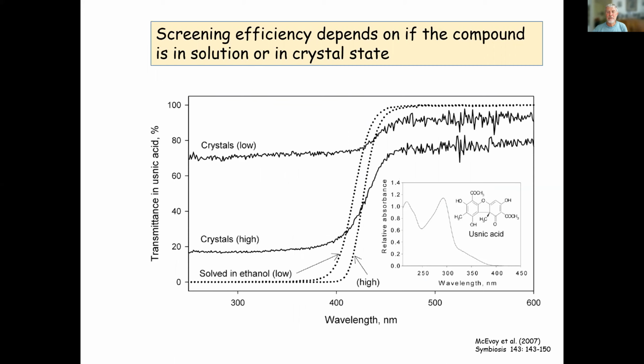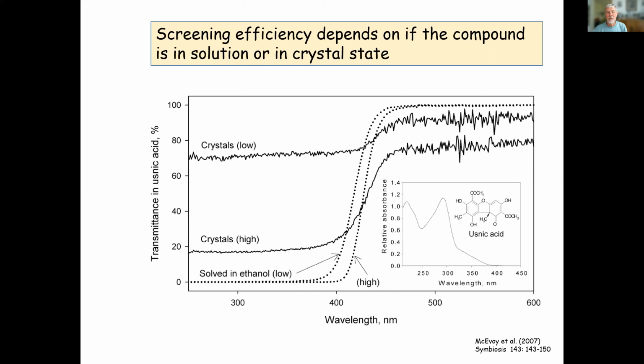In this small experiment, we dissolved usnic acid in ethanol and showed that the amount that is normally found in lichens very efficiently absorbs all UV radiation.